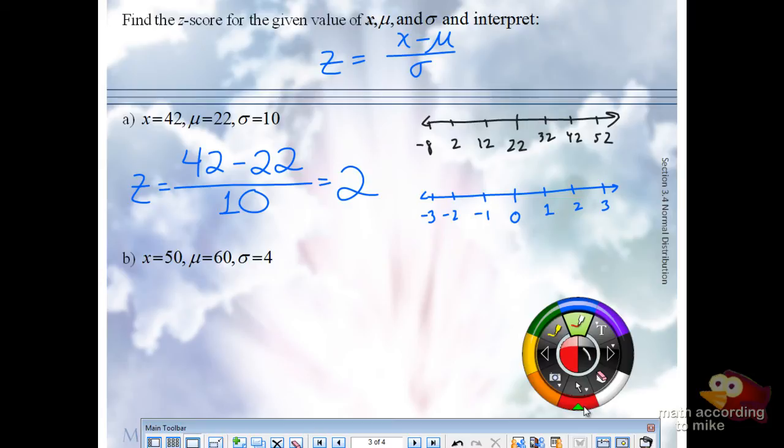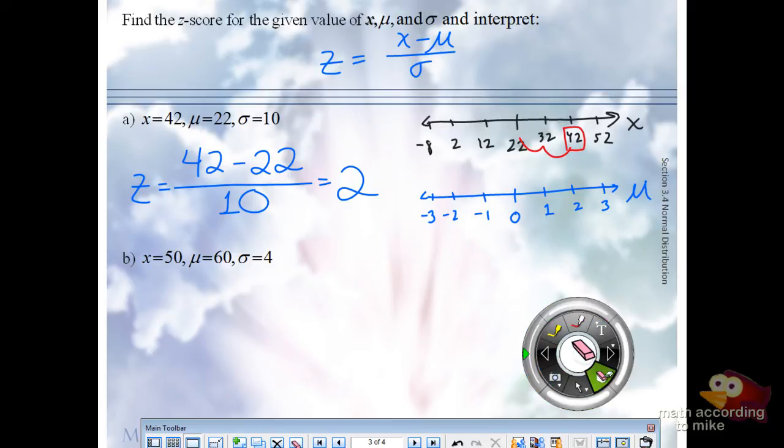So in normal talk, when we had our x's, we said that 42 is 2 standard deviations above the mean. Well, 42 is an x. 2 is a z, not a mu.